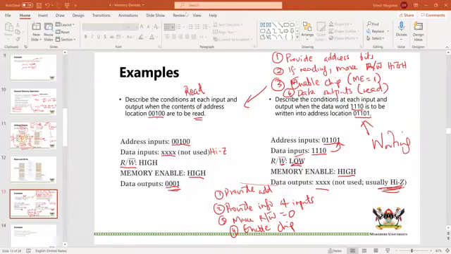Okay, now read write is also sometimes written as just write with a bar. It really means the same. That if it says this one is a 0, write. If it's a 1, read.